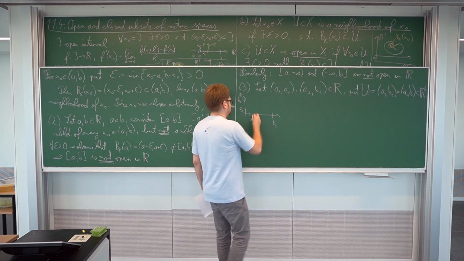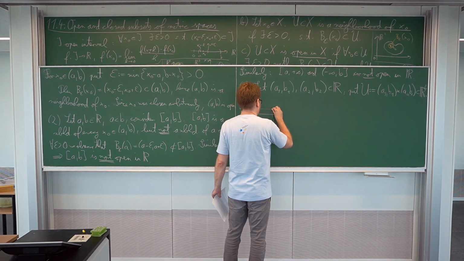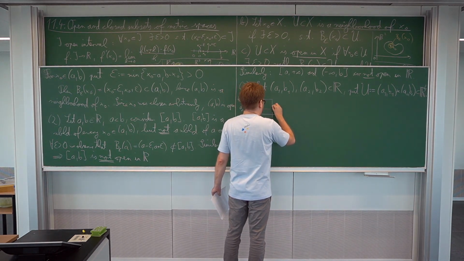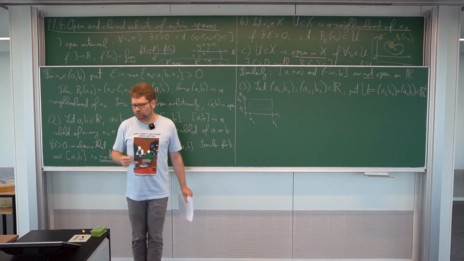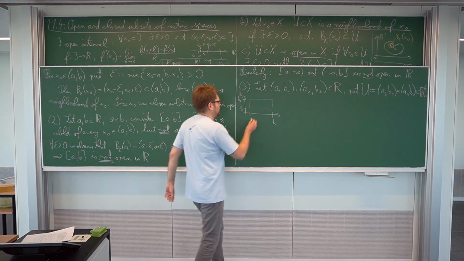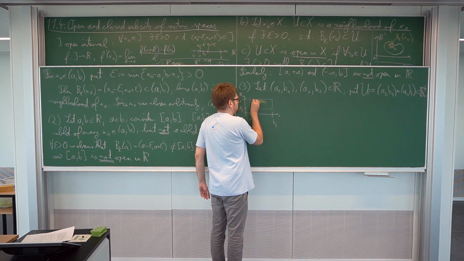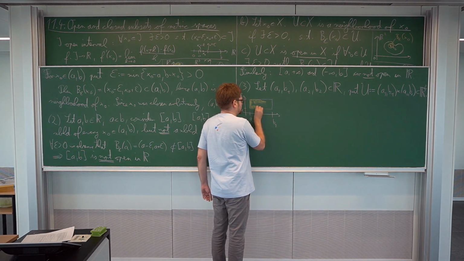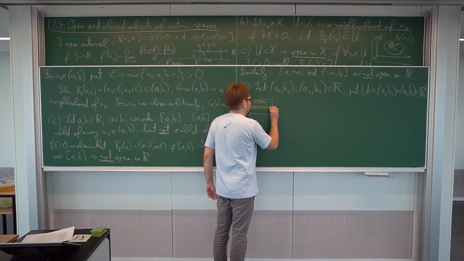So let's draw the boundary line here. We would only consider the interior of this rectangle, which means not the boundary line. So everything in here, and forget about the boundary line, so it's an open rectangle, very roughly.